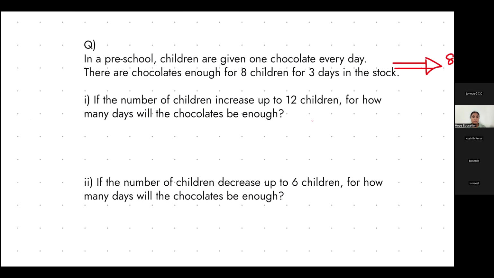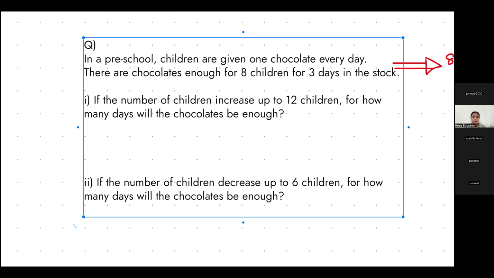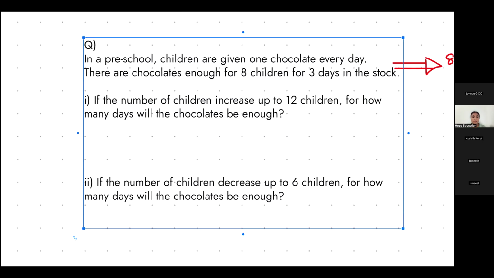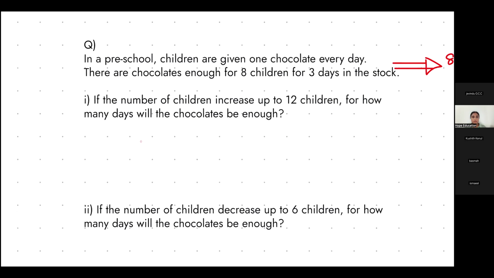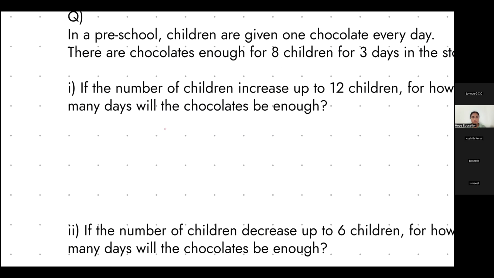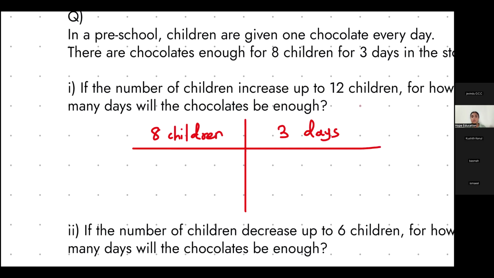Now, this is what happens. 8 children, there are chocolates enough for 3 days. Okay, good. Now what happens is, now the number of children have increased up to 12 children.